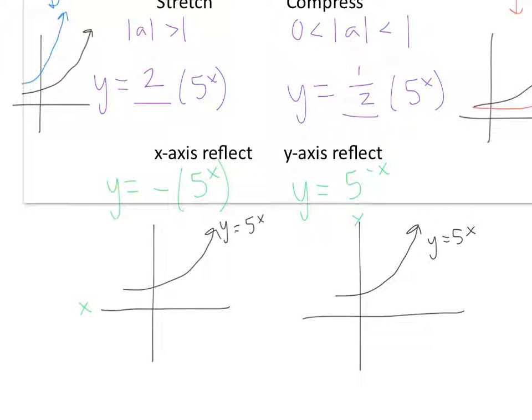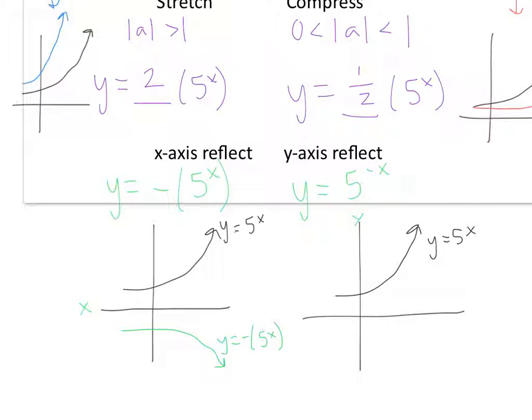Now here's what the graph would look like if you had an x-axis reflection. On that graph, I have y equals 5 to the x, just sketched. A reflection over the x-axis means I would reflect over the x-axis. So it would be the same shape, it just opens downward. This would be y equals negative 5 to the x.